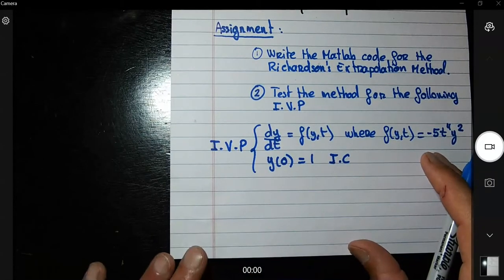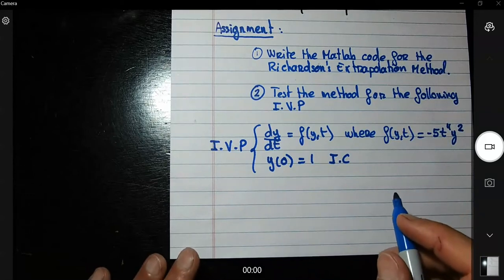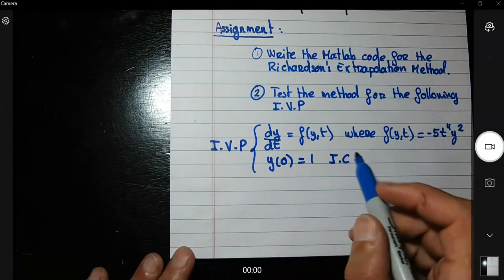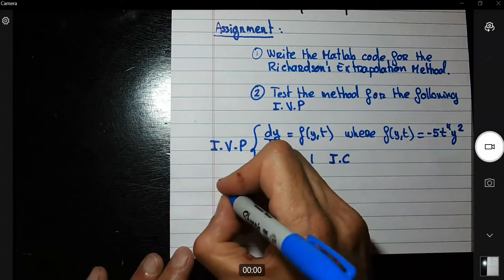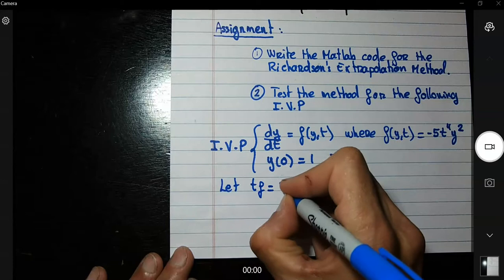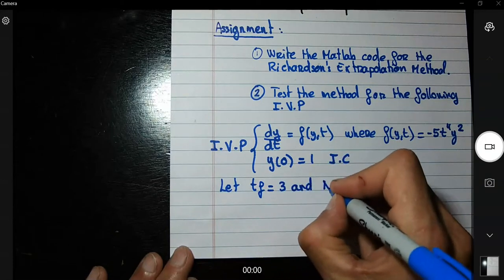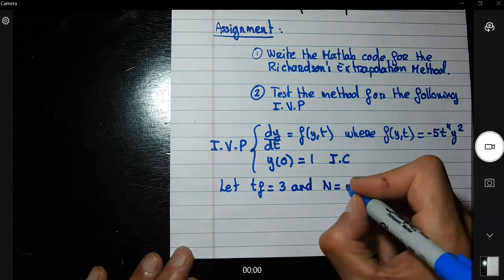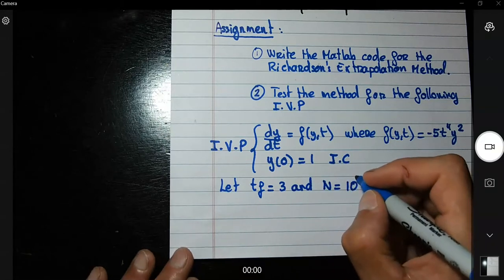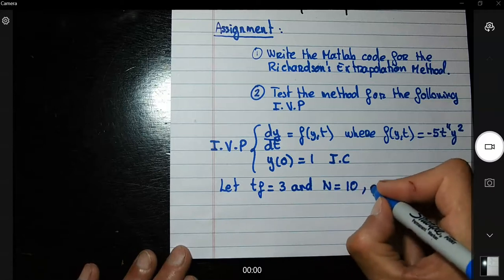So this is our initial value problem. Obviously here I'm going to give you the exact solution. But in order to solve this, let t final be equal to 3 and n equal to 10. That's the total number of points.